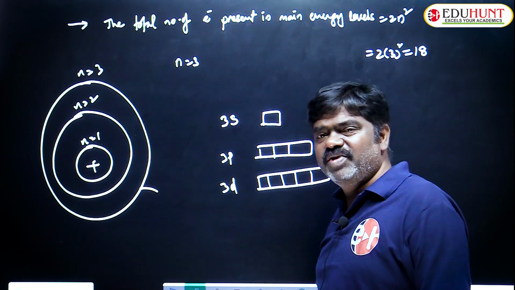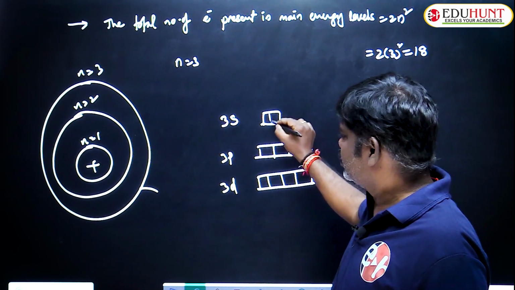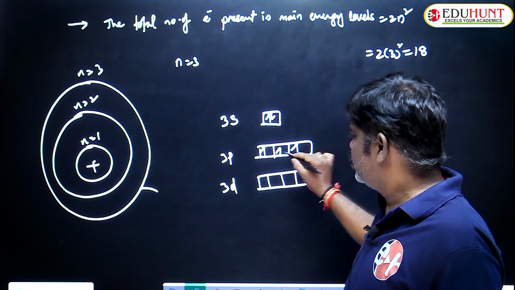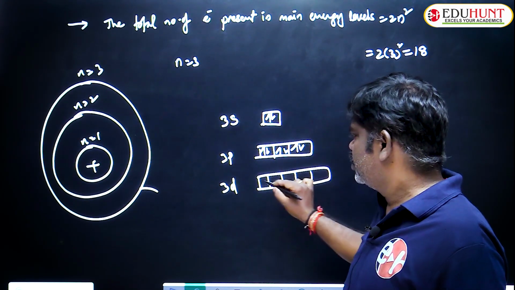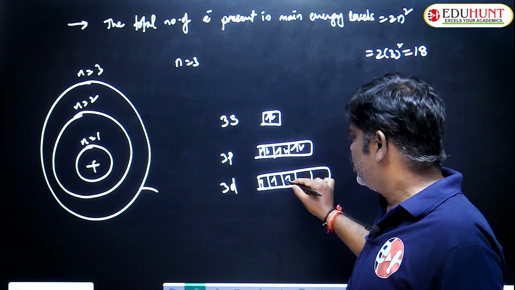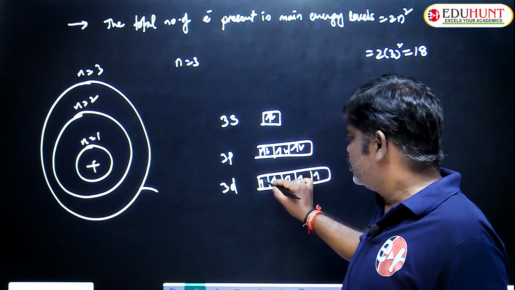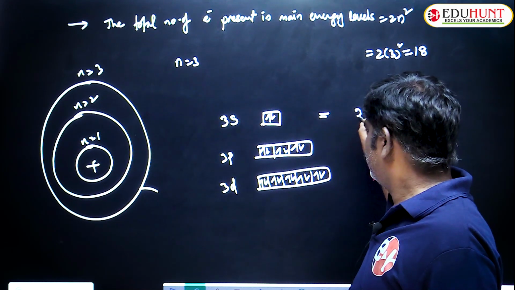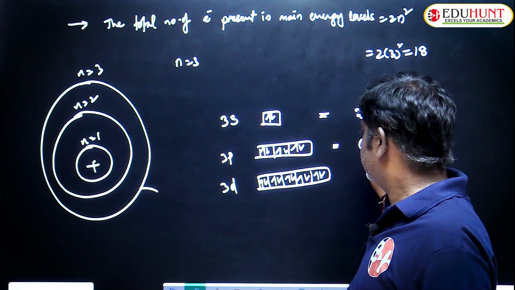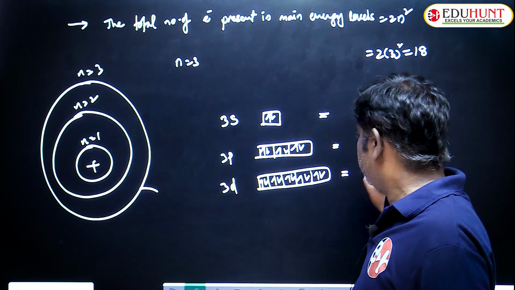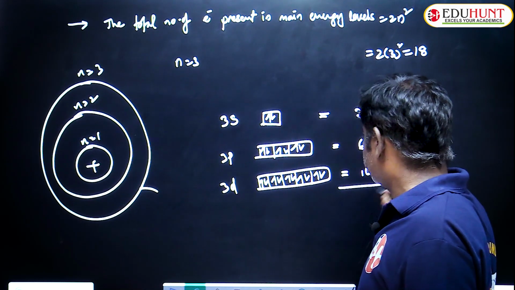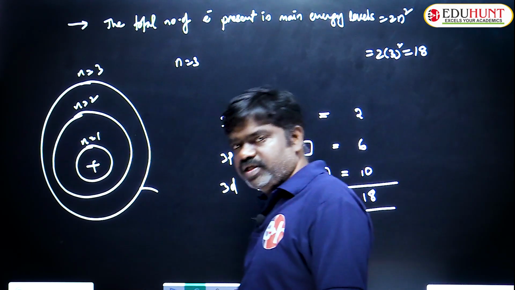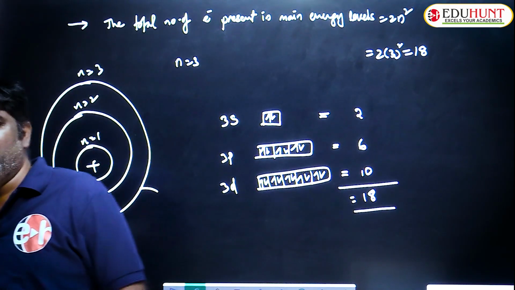Each orbital accommodates how many electrons? 2 electrons maximum. Here 2 maximum electrons, here 6 maximum electrons, here 10 maximum electrons. Total 18 electrons. This is also explained by the n value only.